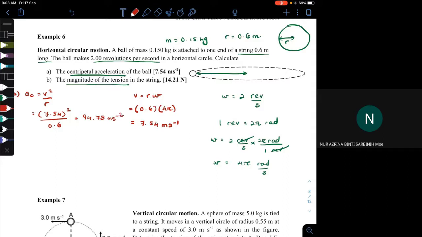Ignore that earlier answer, it was wrong. It's 94.75. The value 7.54 is the value of v. This is our v. Any questions? None? Okay, because we did this before. We just need to do the new part, which is to find the magnitude of tension.